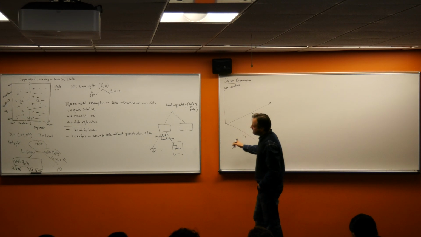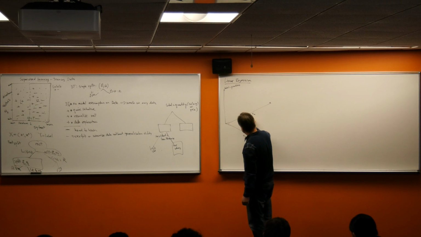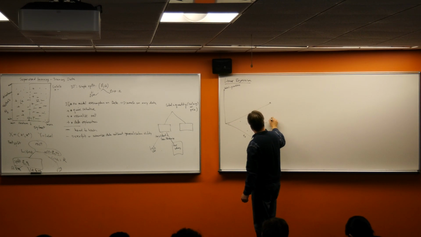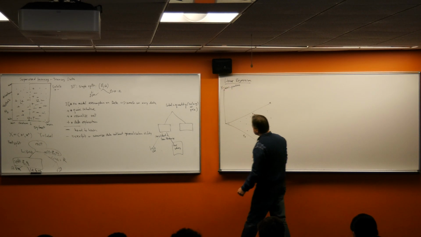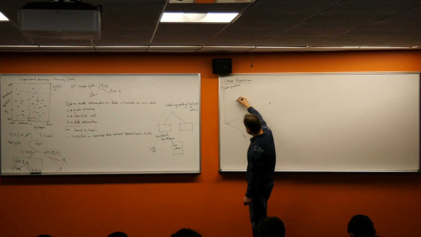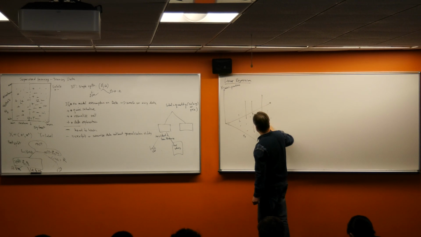In here, I have the same points, and everybody has, we're going to call this y, a quantity associated with it. So this house here has a price, this house here has another price, another price, and so on and so forth.